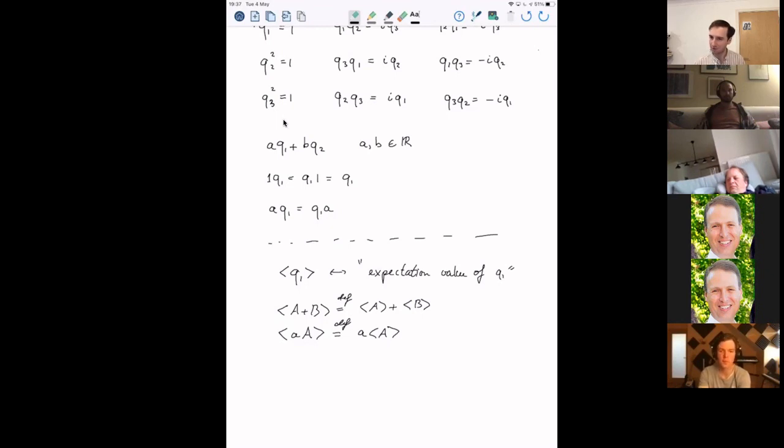This is just to differentiate between what you expect during any particular measurement outcome, which is unpredictable to some extent, and the expectation value, which becomes apparent due to repeated measurements.